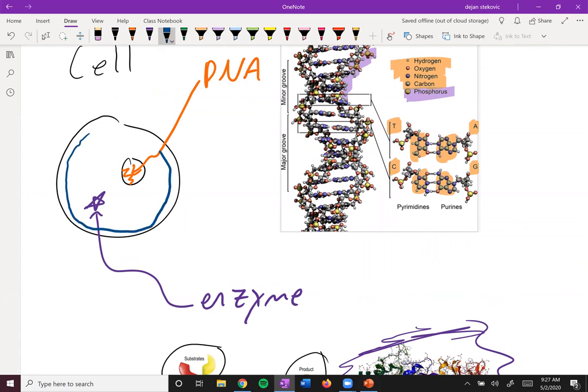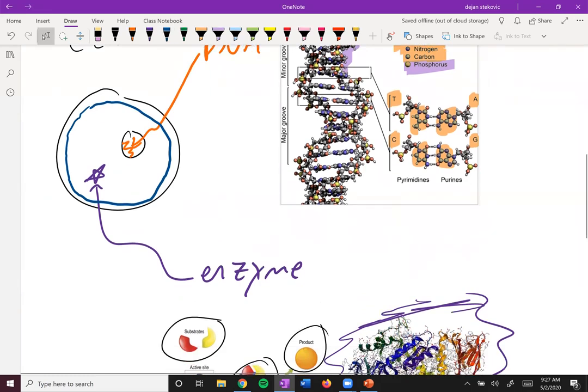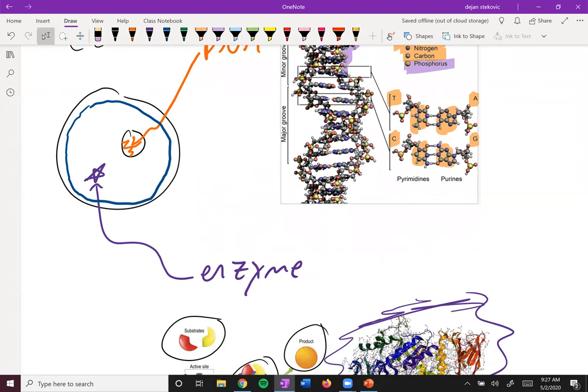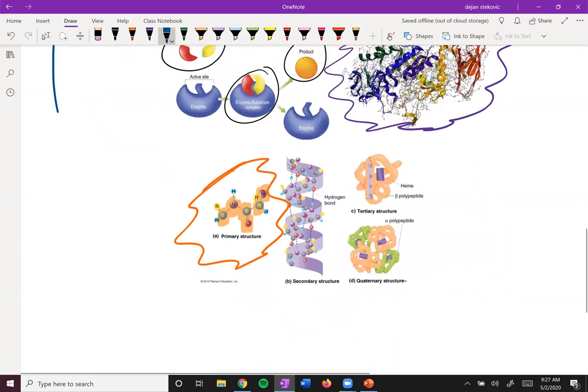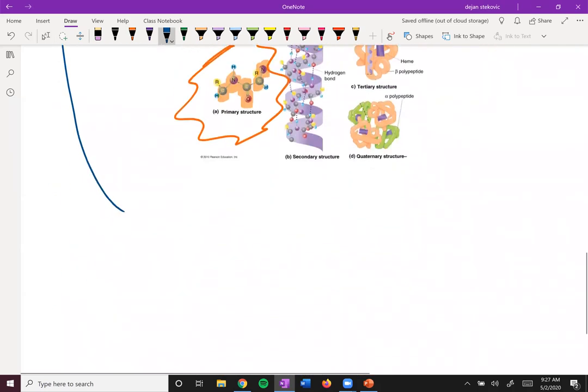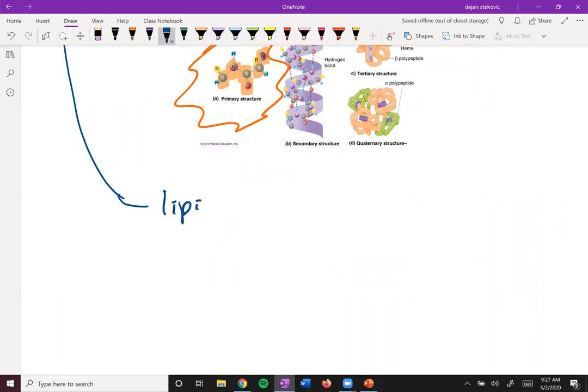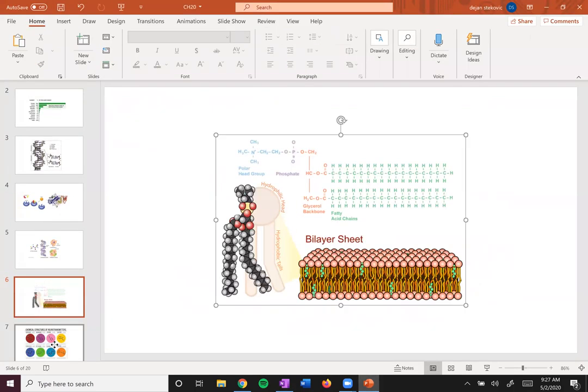And then you think about the outside of the cell, you've got your cell membrane, otherwise known as the lipid bilayer. So let's take a look at that. So here's a picture of the lipid bilayer.